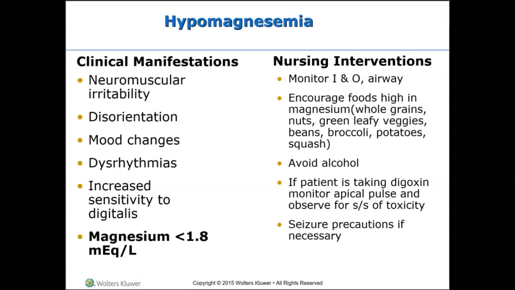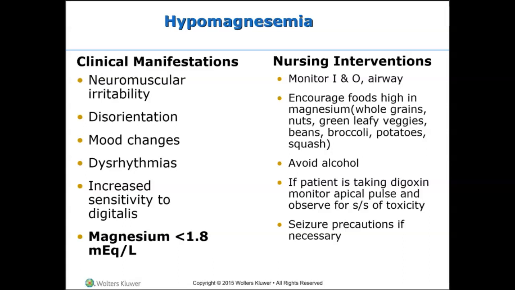So one of the first things I do when I get my labs back, and I see somebody with confirmed hypomag levels, is check immediately to see if they are on digitalis. Because if they are, then I know that's going to affect that, and I need to connect with the physician to have a conversation about how we want to adjust the dosage of digitalis, okay?